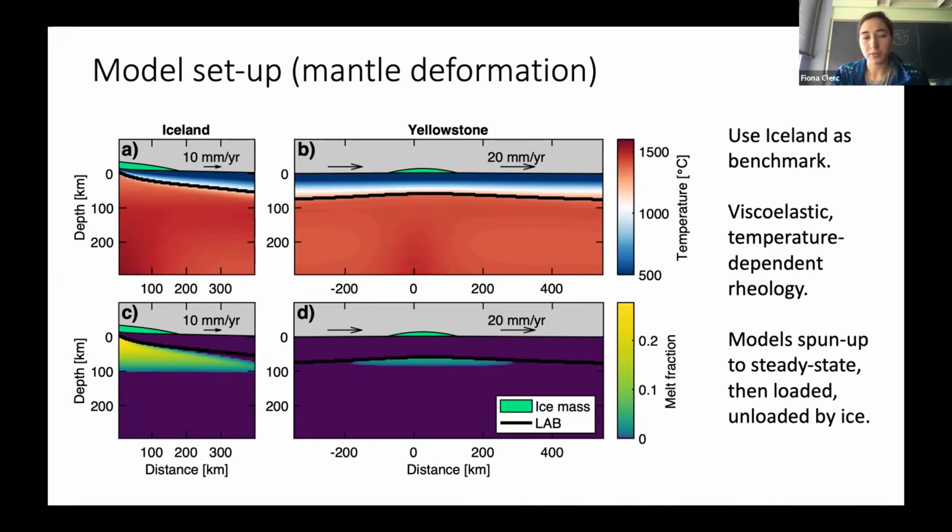The rheology is viscoelastic and temperature dependent, so we get this cold rigid lithosphere in blue overlying a warm viscous asthenosphere. We place a thermal anomaly on the bottom boundary to generate a plume as the model is spun up to steady state, and the model is driven by the spreading, the plate motions applied on the surface.